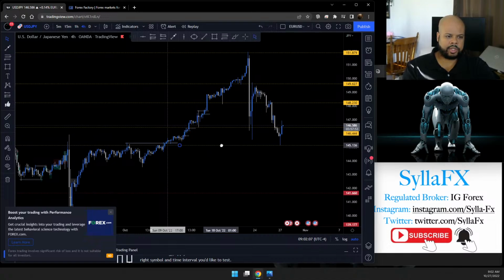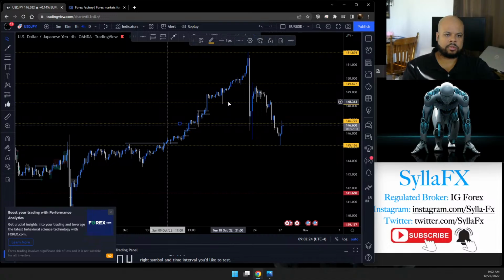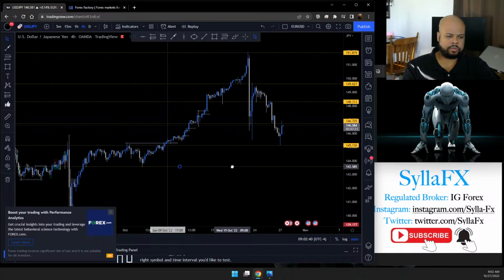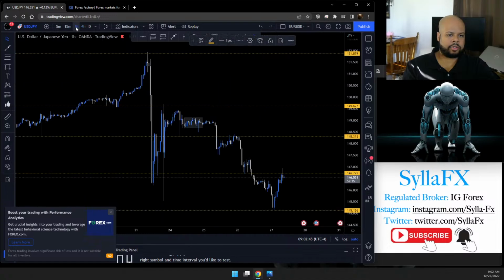Probably move that a little closer now that it's hit this low. I'm reluctant about these levels, not very clear on these, but that's the closest I can see being relevant. And this one, we can move to this low. So those are the major levels I'm working with on the 4-hour chart.